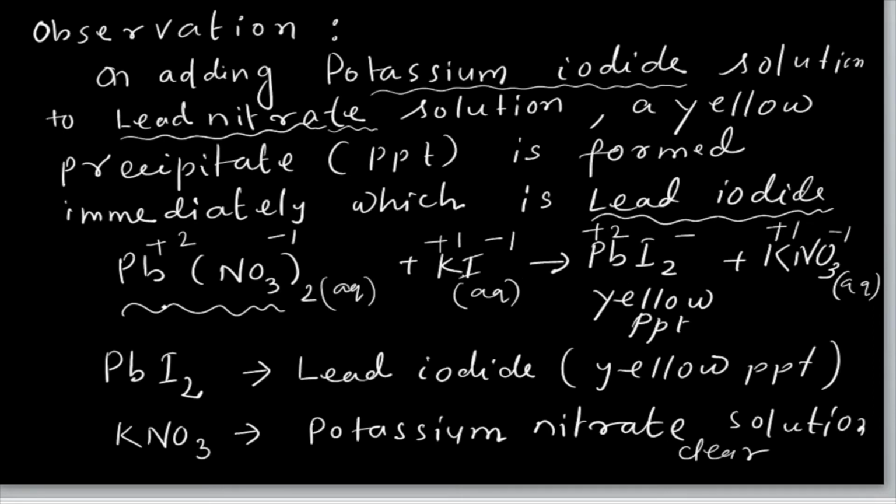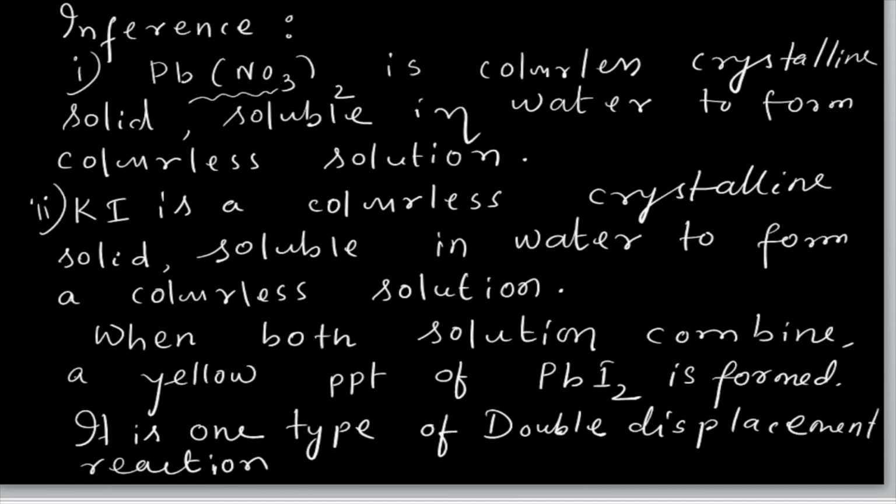This is a double displacement because Pb comes to this side and I comes to here, and potassium comes to this side. That means this is called a double displacement reaction.